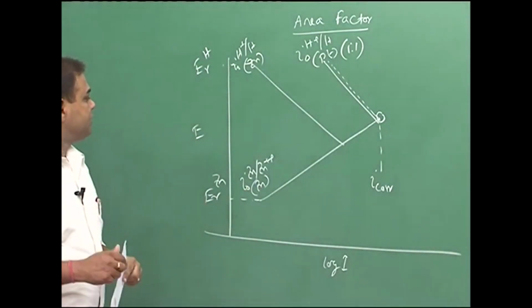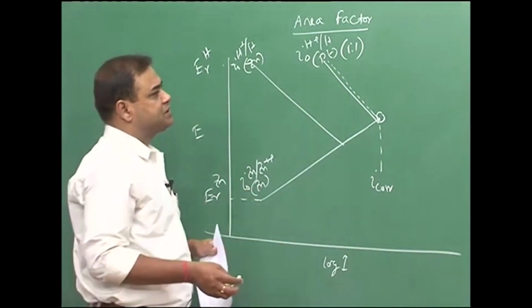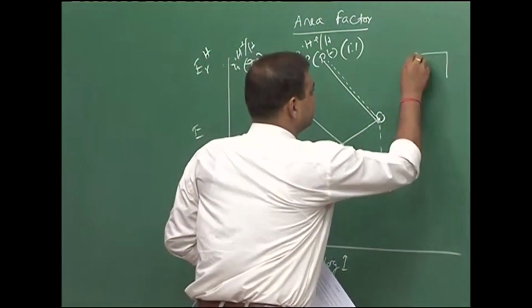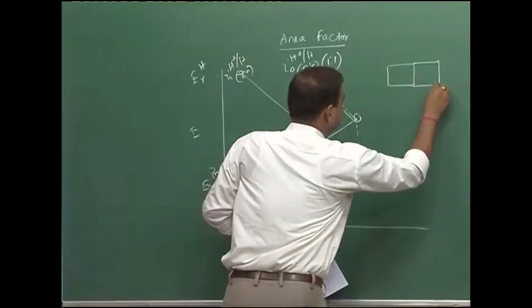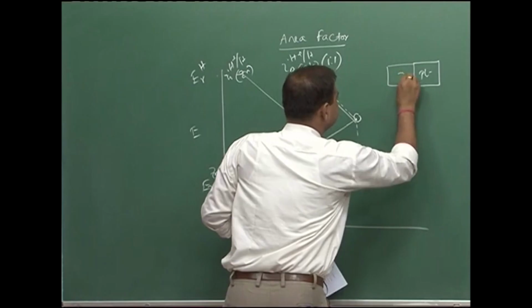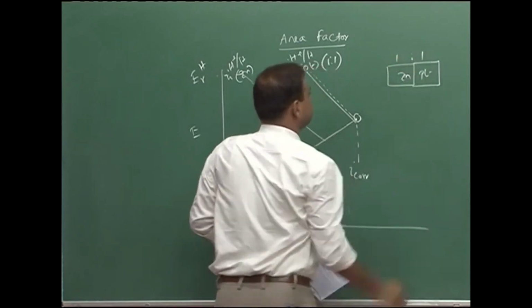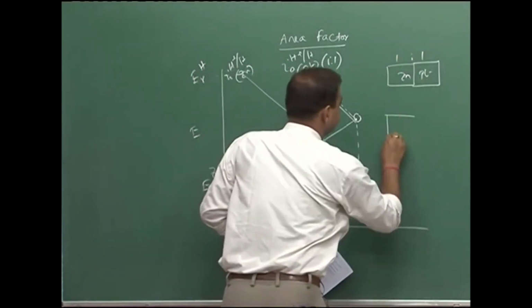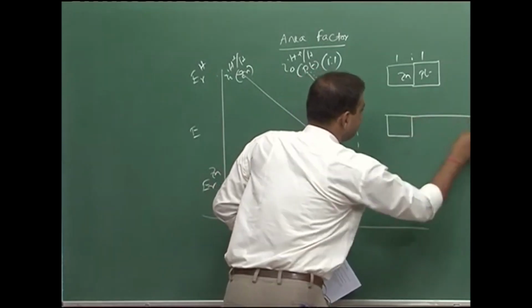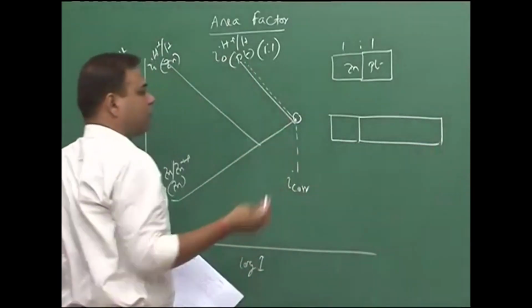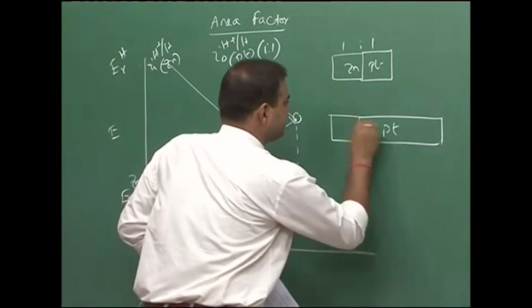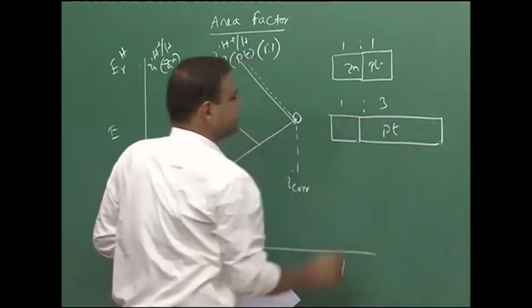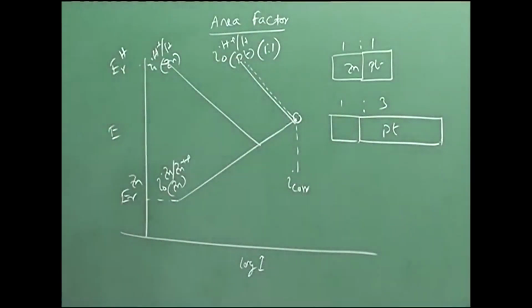Now, if we increase the platinum area, let us say initially it was the same area ratio, this is platinum, this is zinc, 1:1 area ratio. Now, if we increase this platinum area by 3-fold or 5-fold, the area ratio would become 1:3.